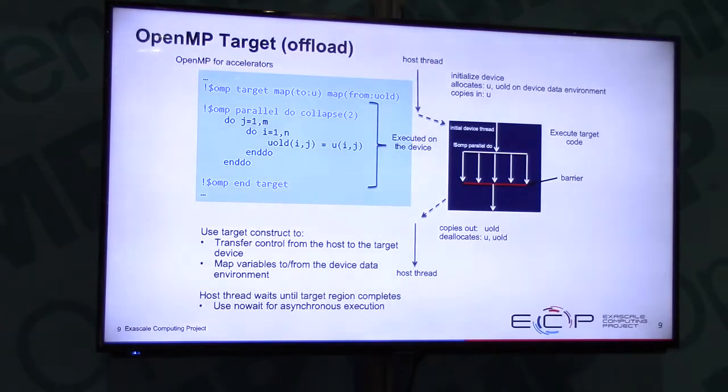So one of the additions in OpenMP 4.0 and now in 4.5 and 5.0 is the use of the target directive, where it allows us to offload computations to the devices, to the GPUs, and that has helped a lot in the adoption of how we're going to be running OpenMP in these new systems.